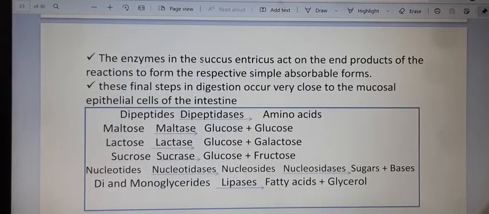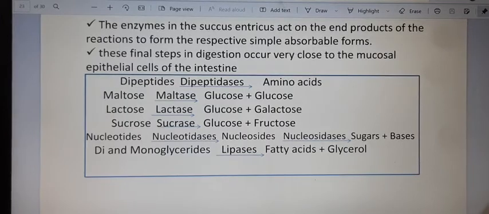And the enzymes in the succus entericus act on the end products of these reactions to form the respective simple absorbable forms. So these enzymes of succus entericus finally convert all the end products into the simplest products which can be absorbed by the blood vessels present in the villi of the small intestine.